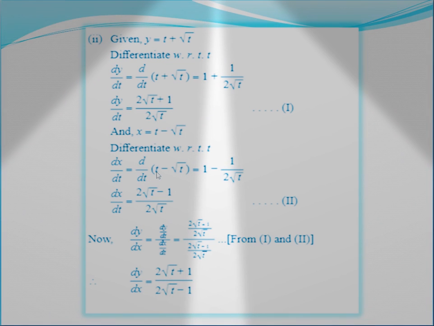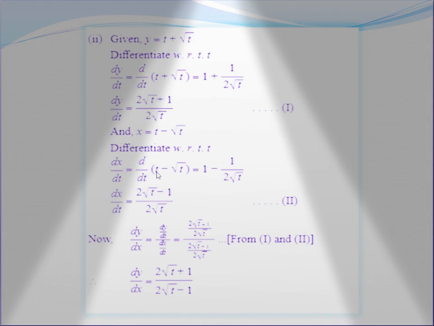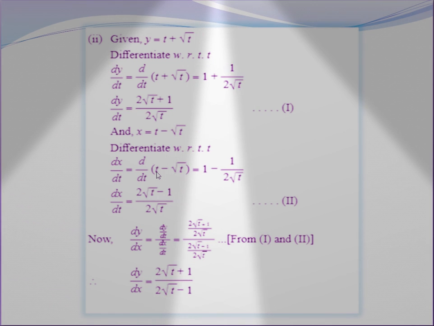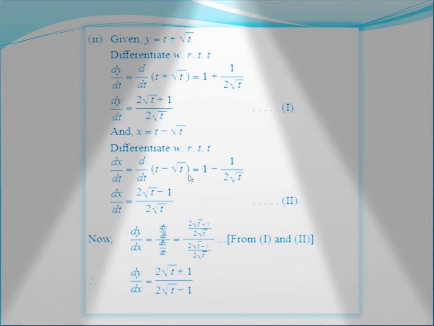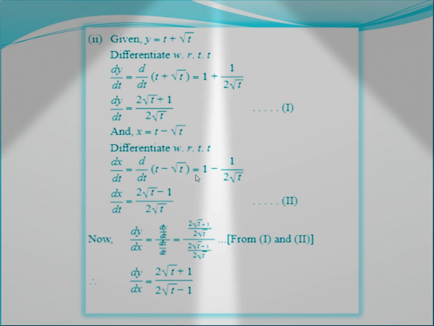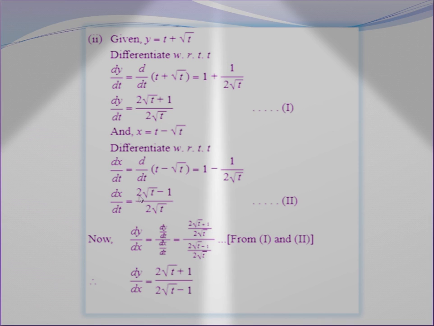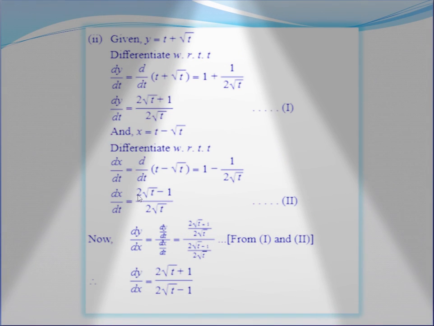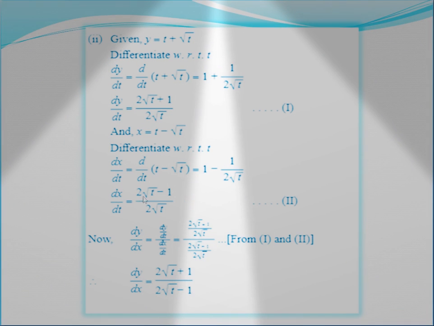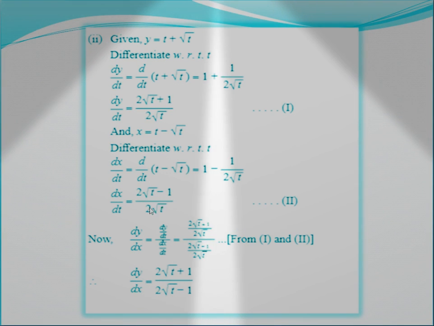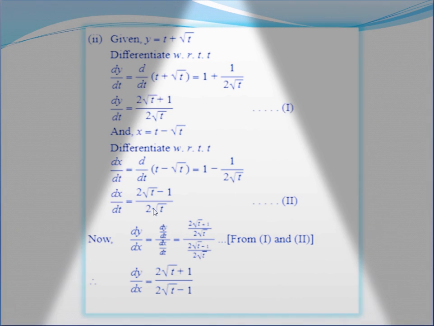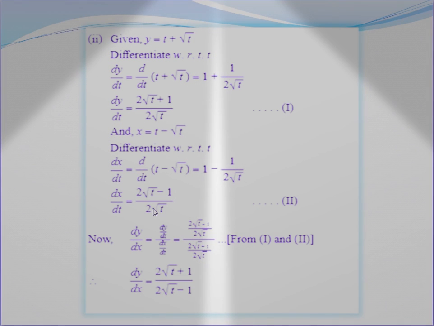By using the subtraction rule here, we can write the derivative of t is 1 minus the derivative of root t is 1 upon 2 into root t. Again taking the subtraction to the RHS, we get dx upon dt is equal to 2 into root t minus 1 upon 2 into root t. Say this as equation number second.